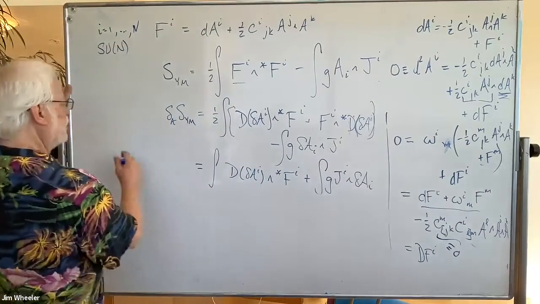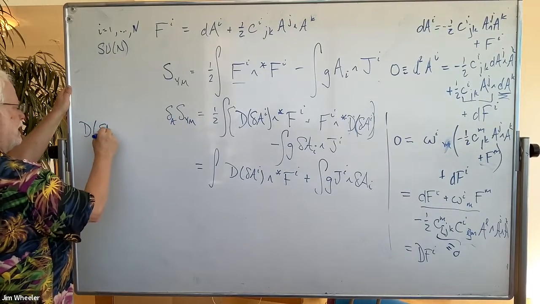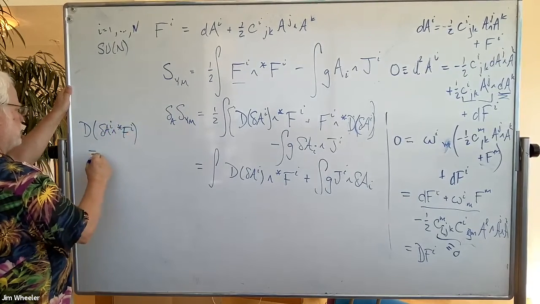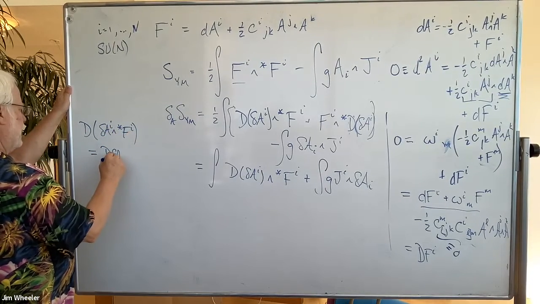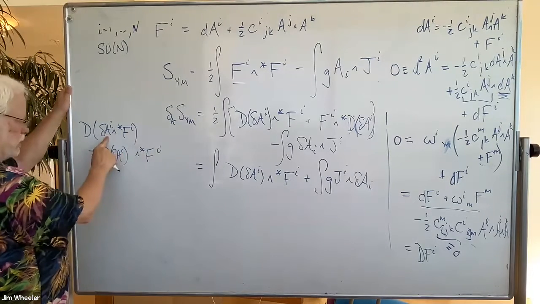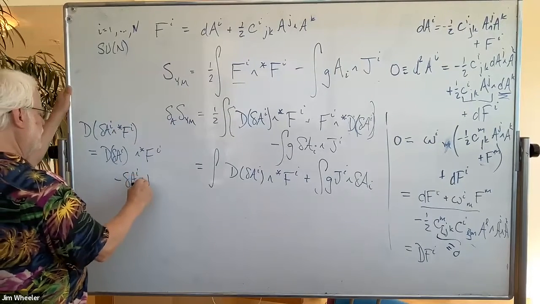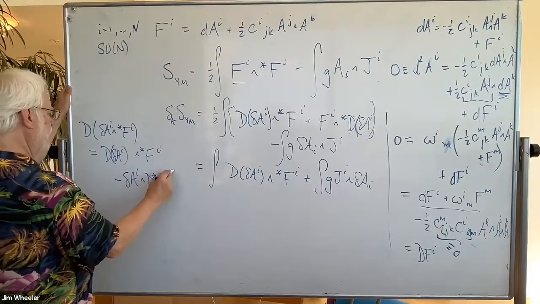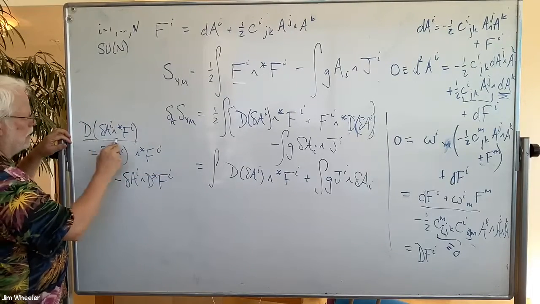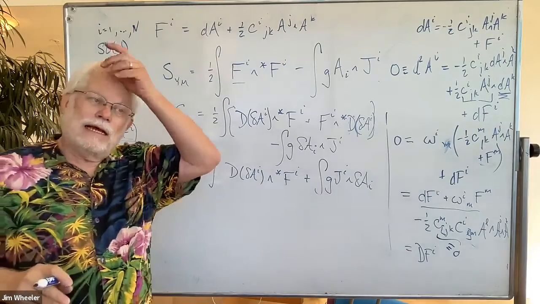So even though this is a covariant derivative, D of a product, dAI wedge star Fi, is equal to D of del AI wedge star Fi. This is a one form, so I pick up a minus del AI wedge D of star Fi. And this is D of a four form.